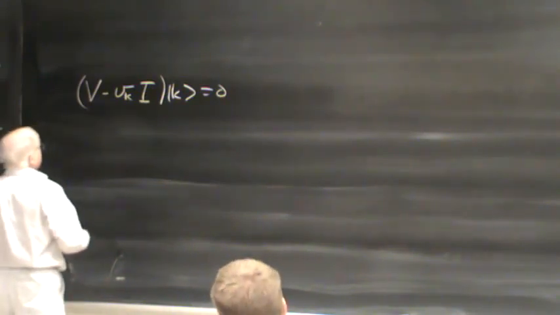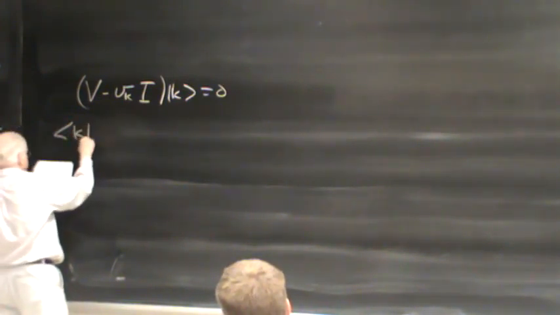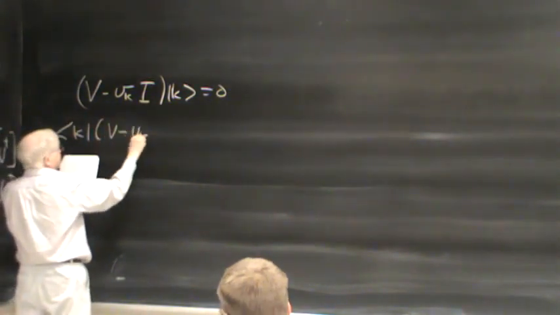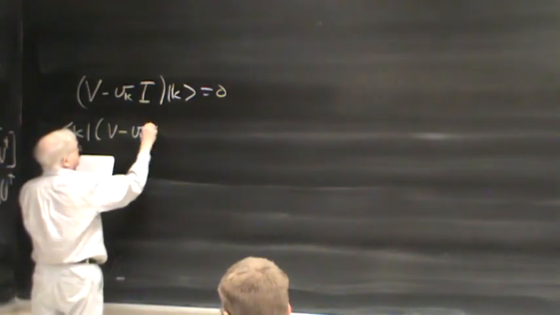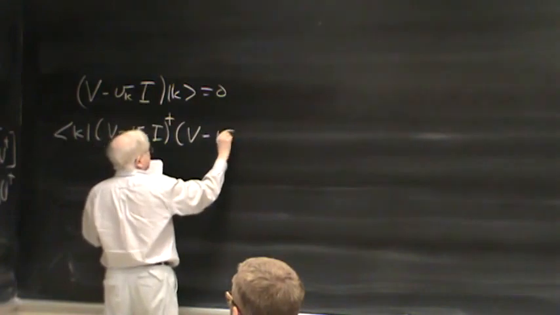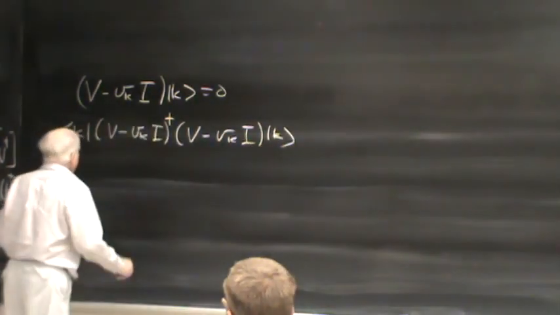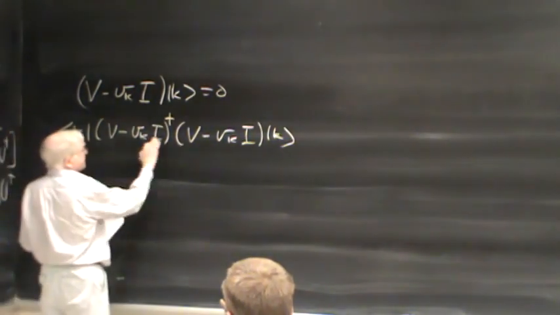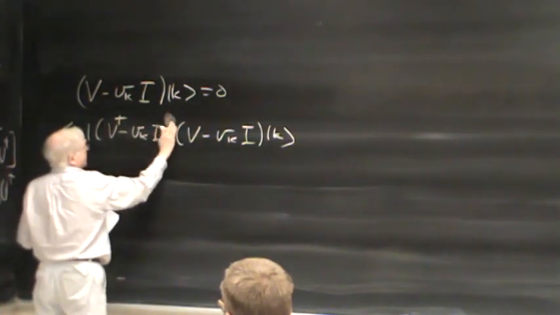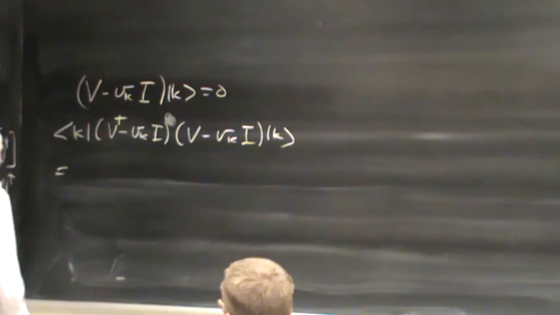But the square of the norm of this vector is (V minus v_k identity) adjoint times (V minus v_k identity) on |k>. On the other hand, it commutes. If we bring the adjoint through, we get a dagger there, and the adjoint of the identity is obviously just the identity.